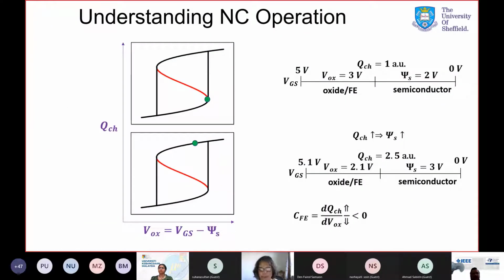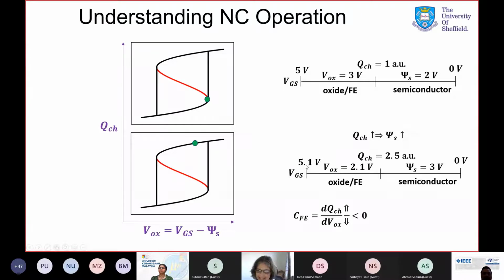And this is just a simple example to explain what it means. Suppose we apply 5 volts on the gate and say we keep increasing this gate voltage. At this point, 3 volts is dropped across the oxide and 2 volts are dropped across the semiconductor.